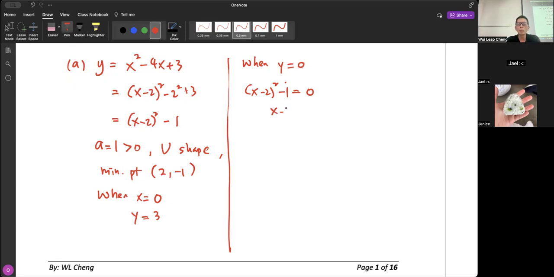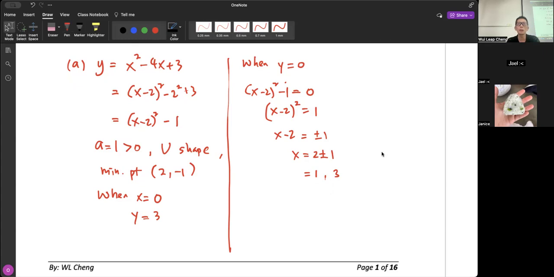Okay, you have to bring this to one side, and then you have to make it into this form. -1 to one side is 1. Square root of 1 is plus minus 1. So x is 2 plus minus 1. 2 minus 1 is 1. 2 plus 1 is 3. Is it correct? 1 and 3? Yes.